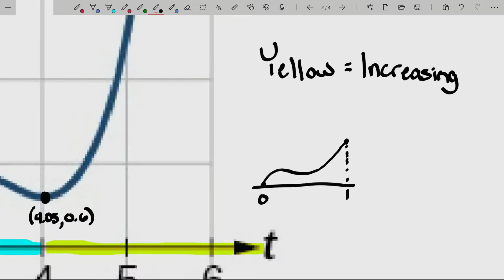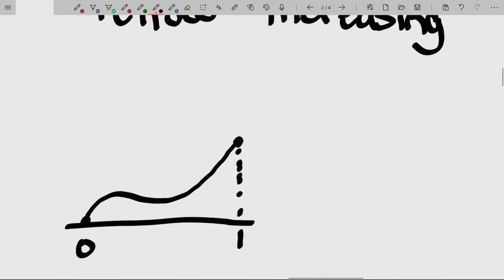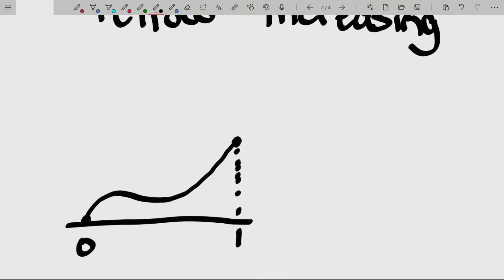And so a lot of students initially in a calculus class will say, well, there must be a local max at 1. There is not a local max at 1. To be a local maximum, it must, by definition, be increasing from one side and decreasing on the other. But it's not decreasing on the other side. It just doesn't exist on the other side. So that is not a local maximum.